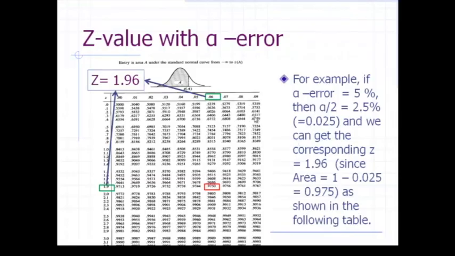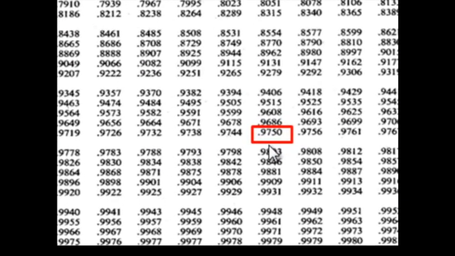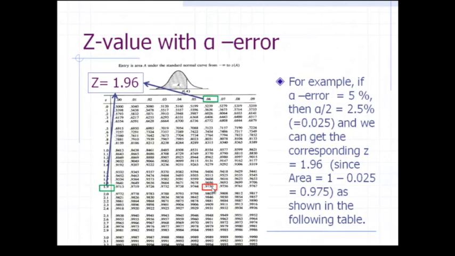Here in this slide, the area we are looking for is 0.975. Given this area, we need to decide the z-value. So how can we read the z-value? On the first column, it's 1.9, so up to the first decimal point, we can decide it's 1.9. And what is the second decimal point?